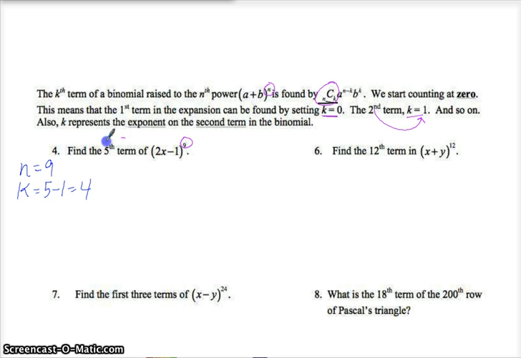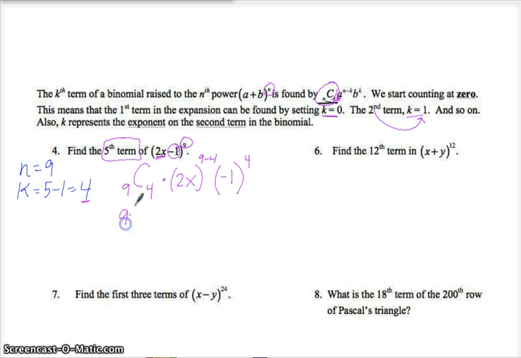So we're trying to find the 5th term, then I want my k to be equal to 4. So my coefficient for this term is going to be 9 choose 4. Then I'm going to multiply that by 2x, because this is my first term, that's my letter a right here, to the n minus k power, times my second term, which is negative 1, to just the k power.